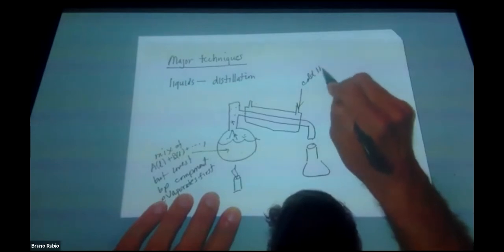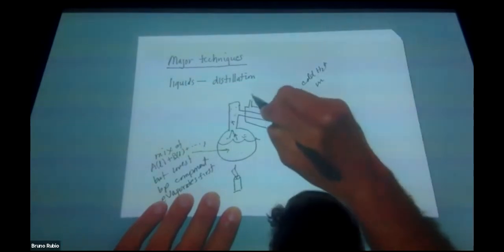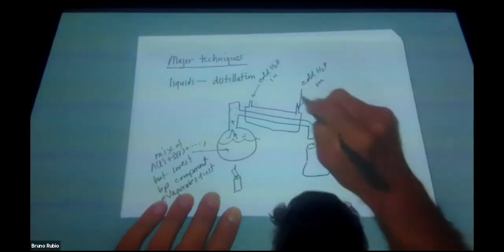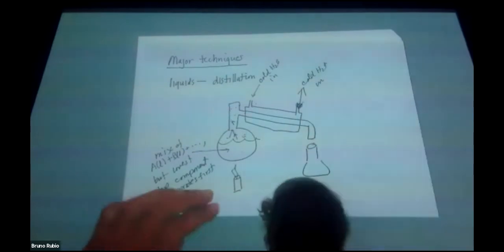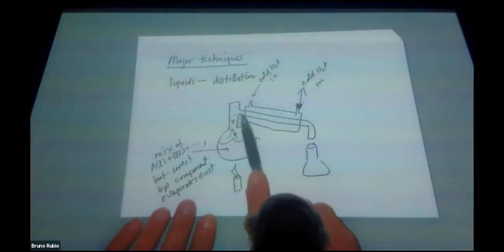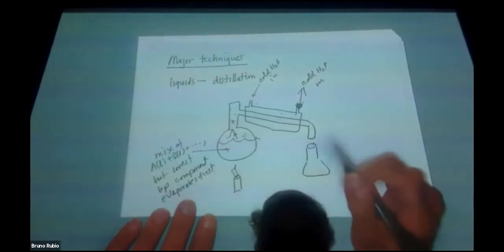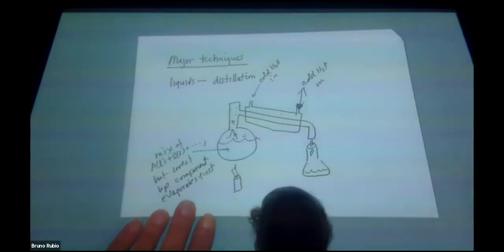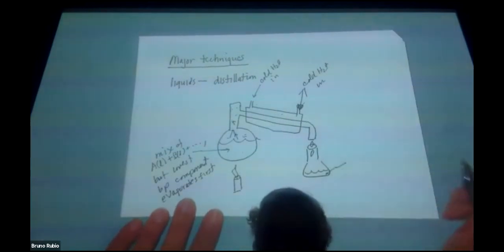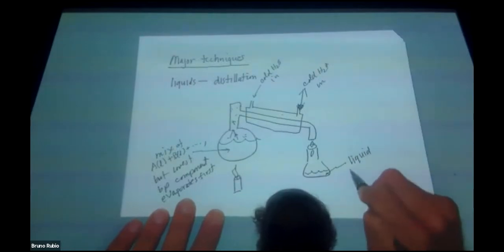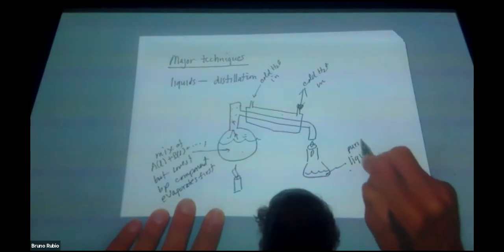Cold water in, well, the cold water should actually be over here, cold water in and water out, and you're running water through this, and any of the gas is now experiencing this lower temperature, and it collects and it begins to condense as a liquid. And so this is what you want here, the purified liquid.